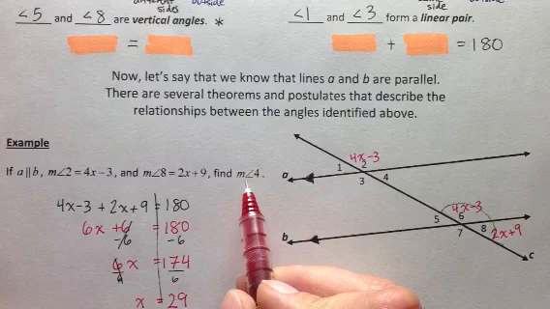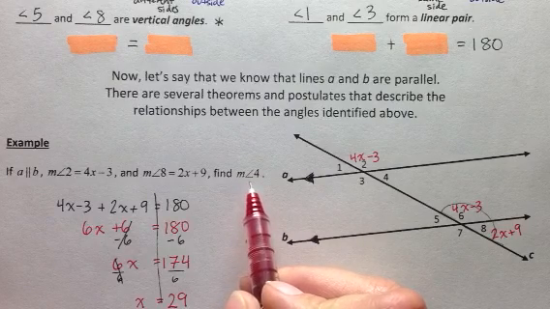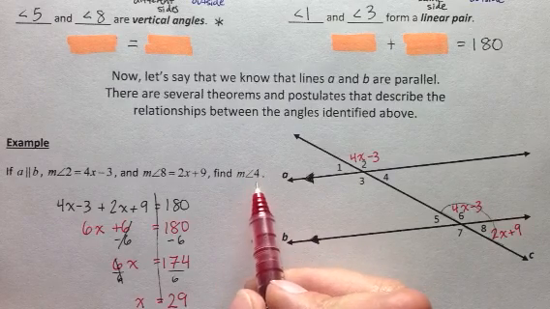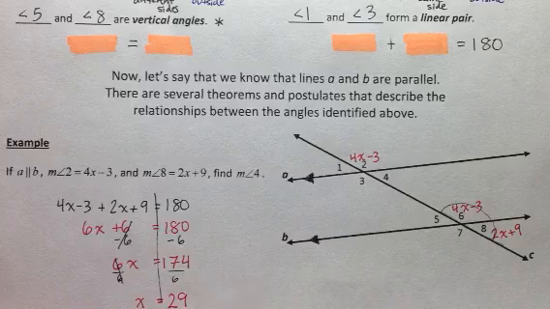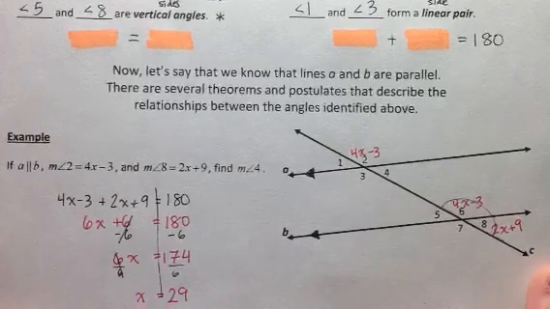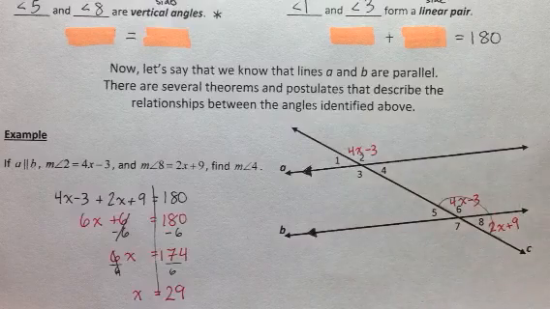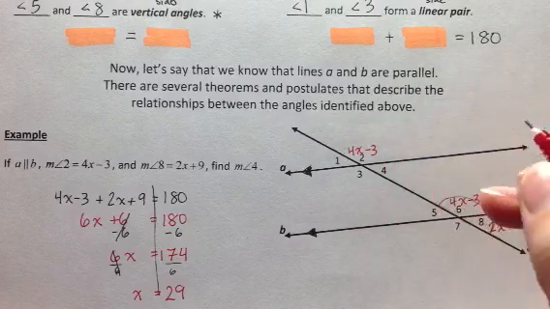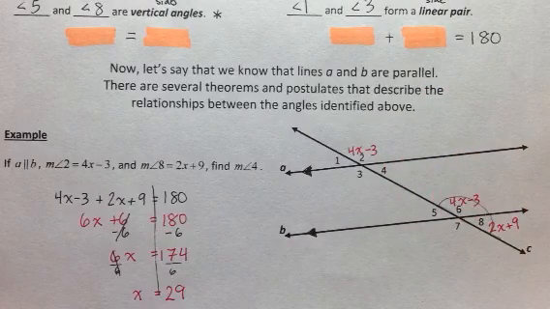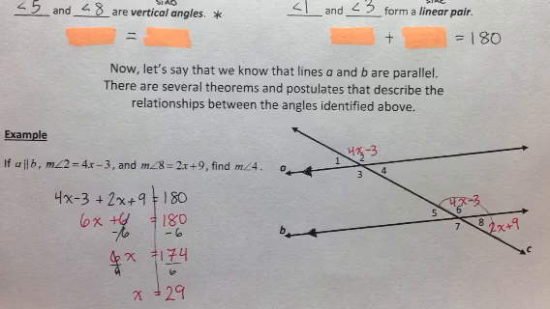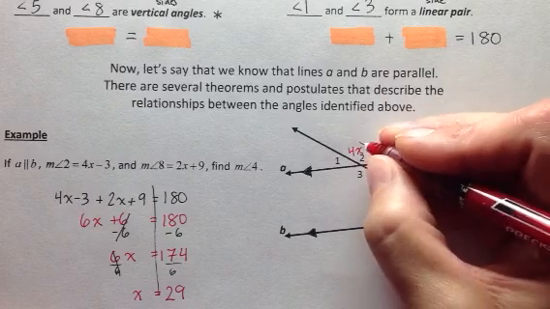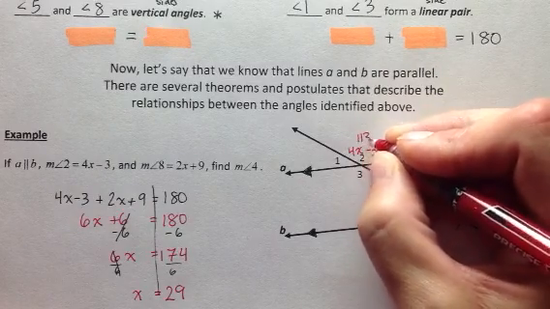Now remember, I'm not done until I go substitute. So they asked me to find the measurement of angle 4. I go and I substitute either way. I want to make sure that my math is right. So if I put 29 up into this angle, 4 times 29 minus 3, I think that's 113.